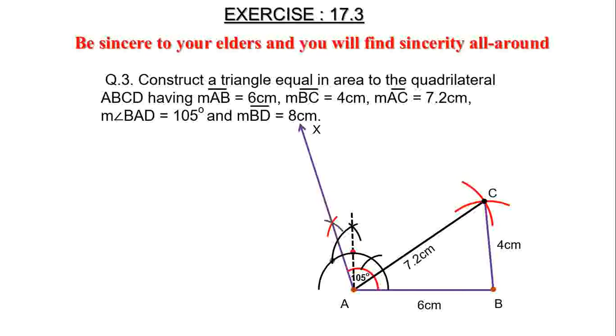So place the compass on B, open it equal to a radius of 8 cm. Draw an arc in this way. It intersects ray AX at point D. This is 8 cm. When we get point D, then we join C to D to form quadrilateral ABCD.